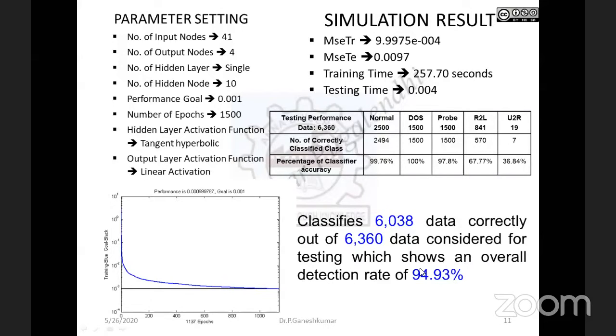For the overall classification, totally 6,360 data were taken for training, out of which 6,038 were classified correctly. This is the way you have to report your results for ANN model development for any problem dealing with classification.